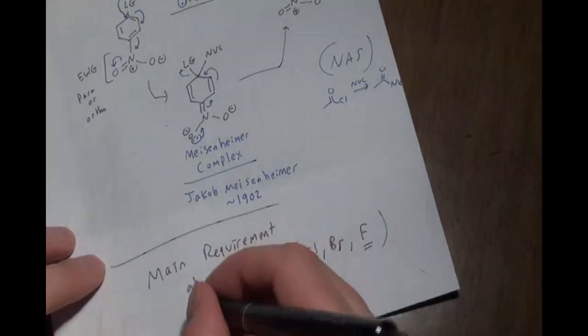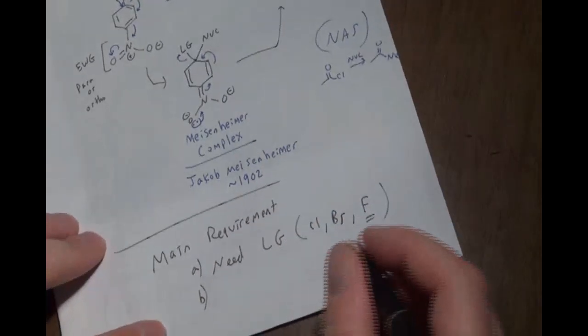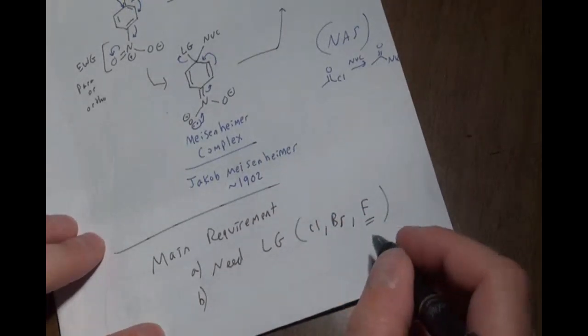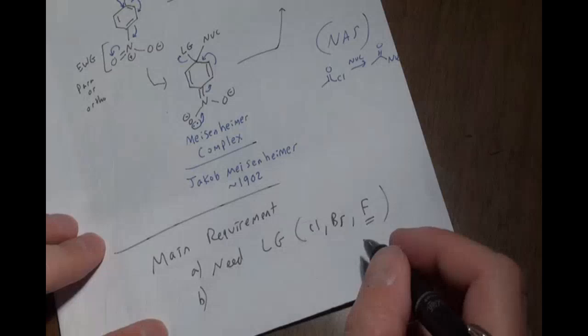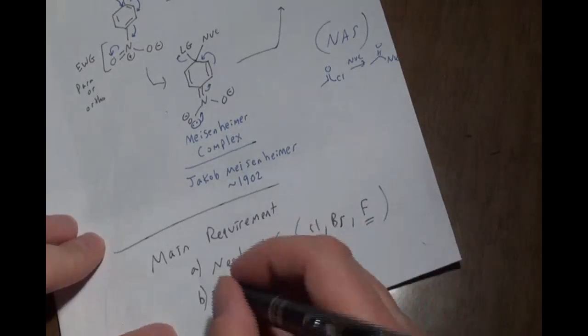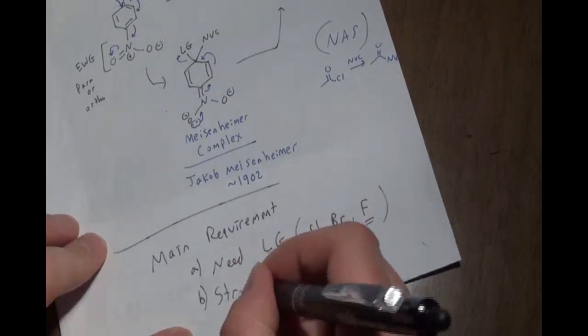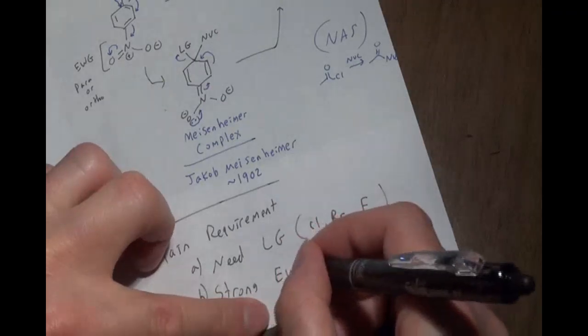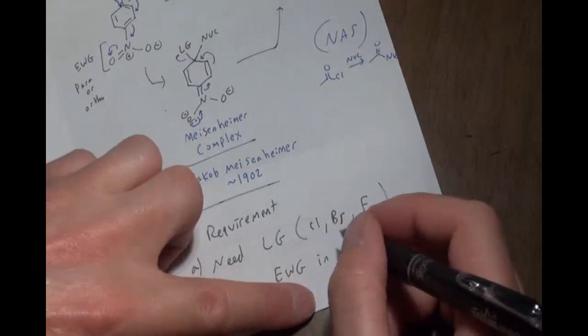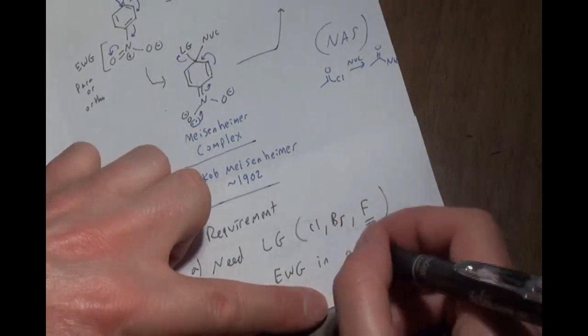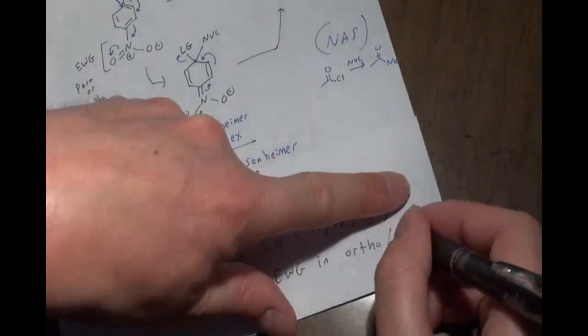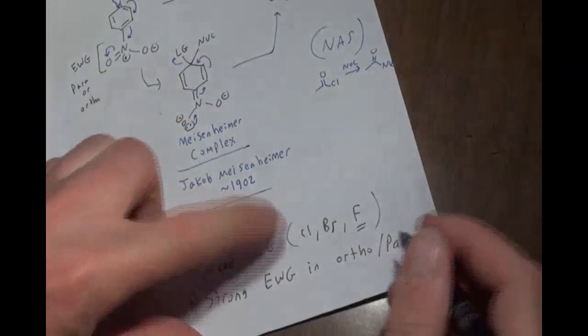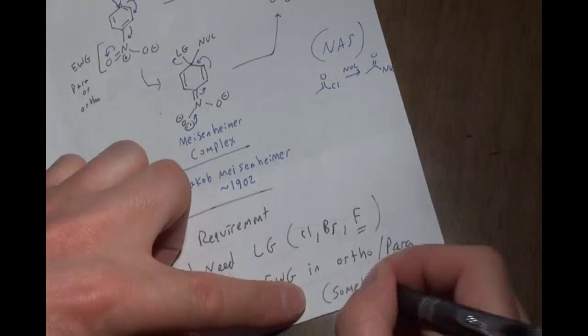There's some reasoning for that, but I'm not going to go into it right now. It also needs a strong electron withdrawing group in the ortho or para positions. Sometimes meta also works.